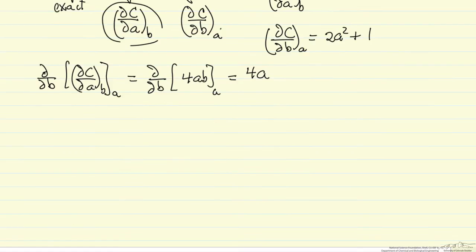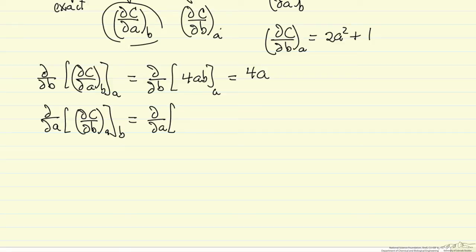Likewise, we can differentiate with respect to A the derivative of C with respect to B at constant A. And now when I do this differentiation with respect to A, I'm going to hold B constant. So this derivative with respect to A of 2A squared plus 1, holding B constant, is 4A. So notice we get the same answer.